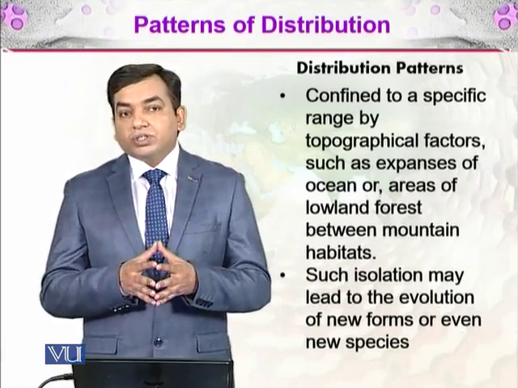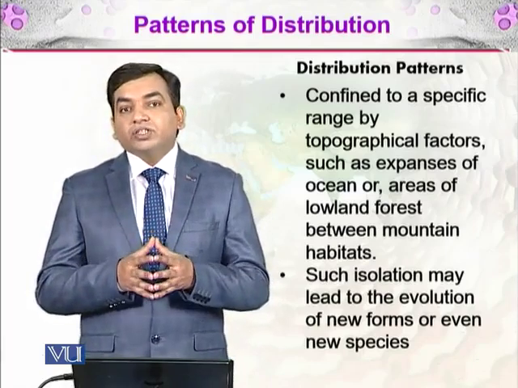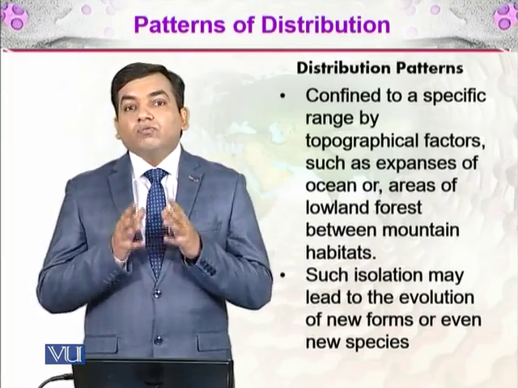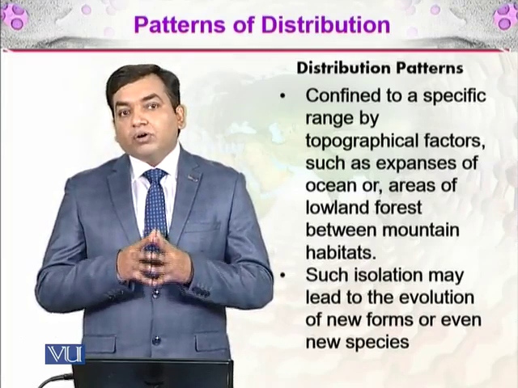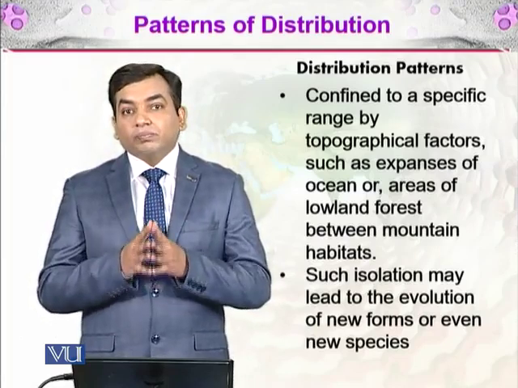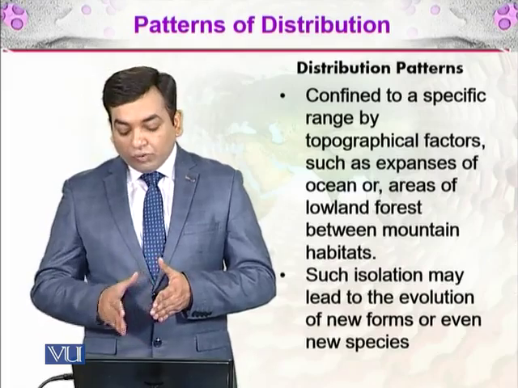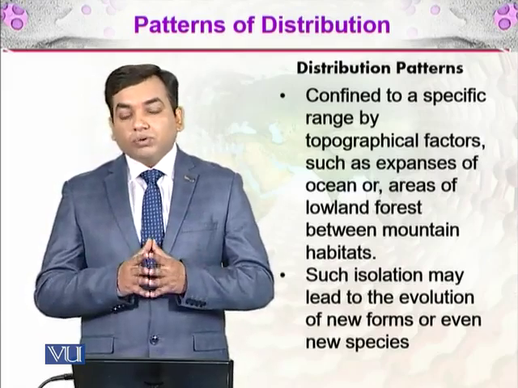So there is one species and there is a mountain range between two groups of that species. Each group will evolve differently because they will have different selection pressures, and this will lead to the evolution of new forms and even new species of those organisms.